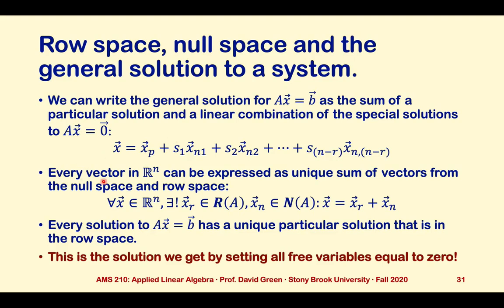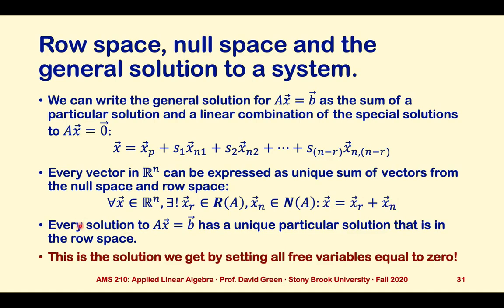We've seen how every vector in Rn can be expressed as a unique sum of vectors from the null space and the row space. For every vector x in Rn, there exists a unique vector, the exclamation point here emphasizes not just that there exists such a vector, but that there is a unique one, from the row space and a unique vector from the null space, such that x equals the sum of these two.